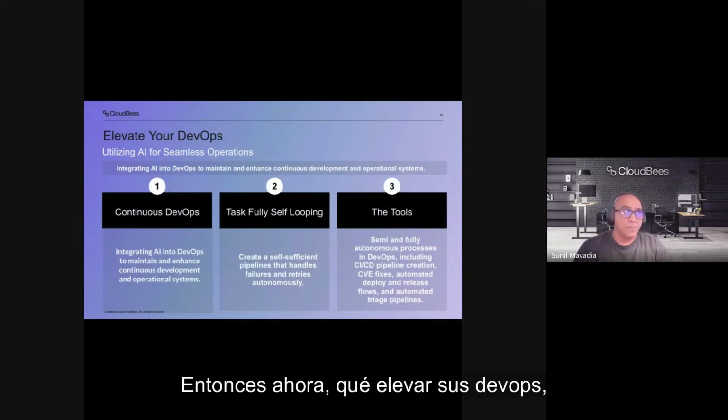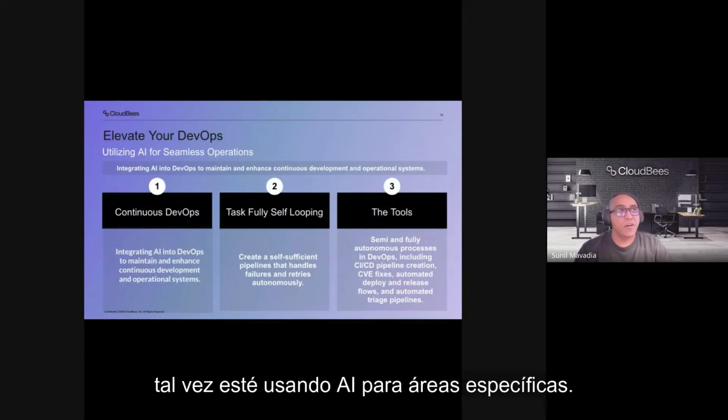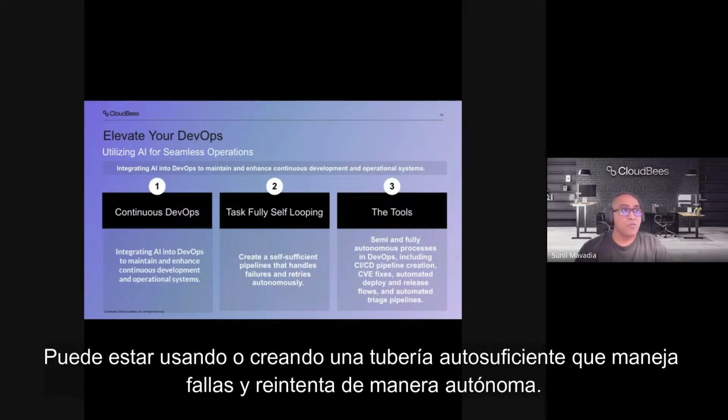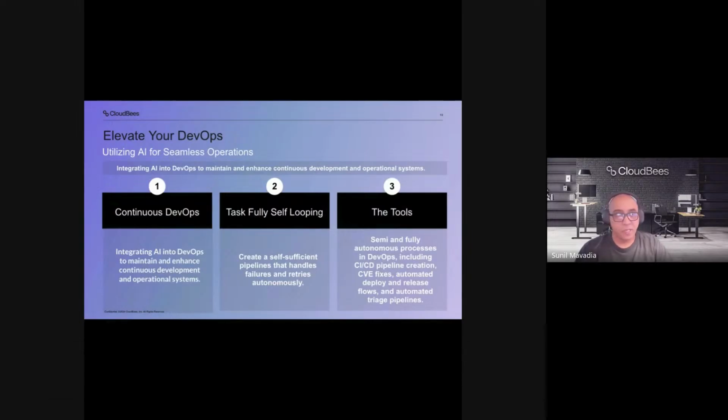So now what, right? To elevate your DevOps, maybe you're using AI for specific areas. You're integrating AI into DevOps to maintain and enhance your continuous development on operational systems. You might be using or creating self-sufficient pipelines that handle failures and retries autonomously.